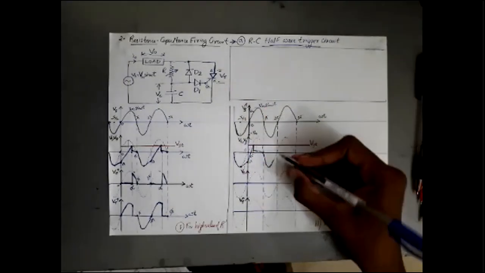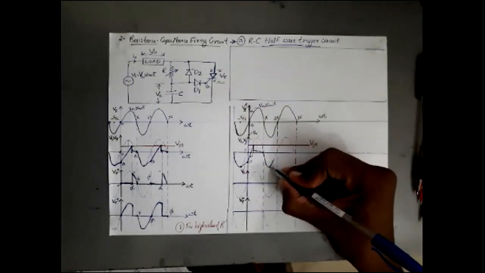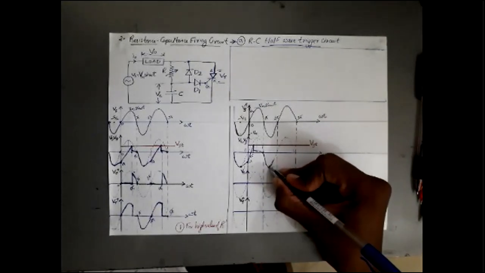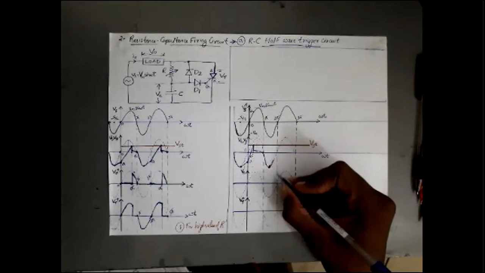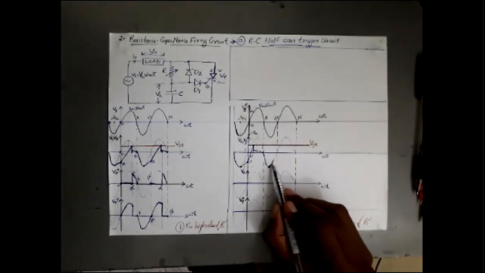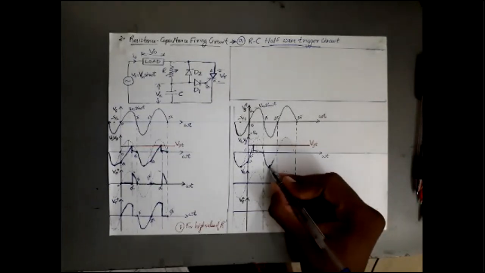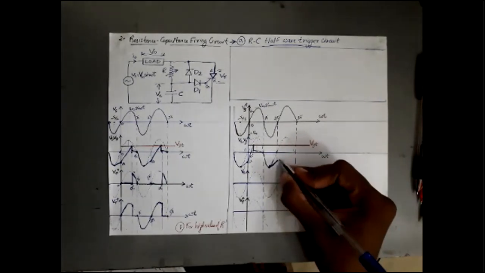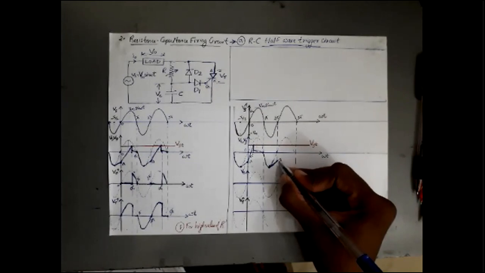Again, the applied voltage is reducing, but my capacitor will oppose sudden change in voltage. So capacitor voltage will be reducing slowly, and at omega t is equal to 2 pi, supply voltage is 0, but we have a capacitor voltage at this point.